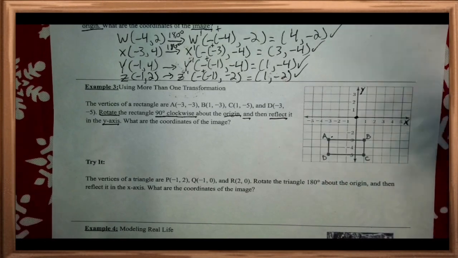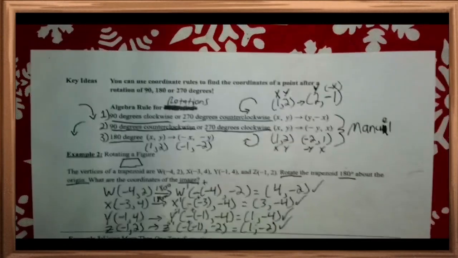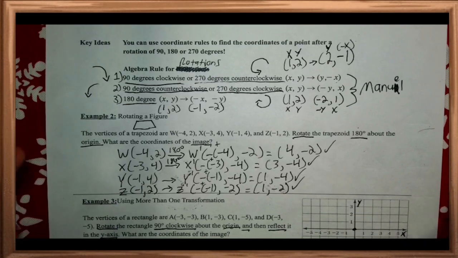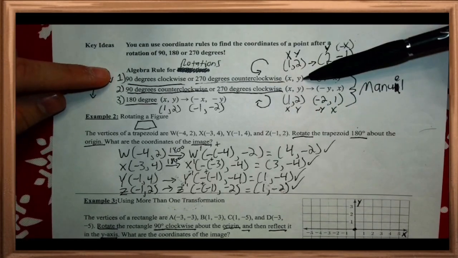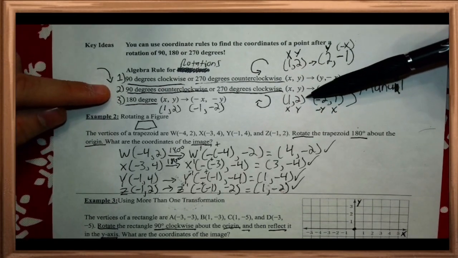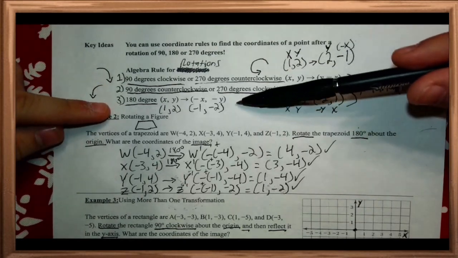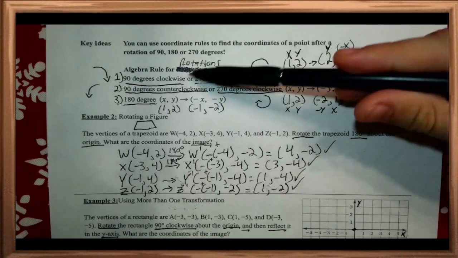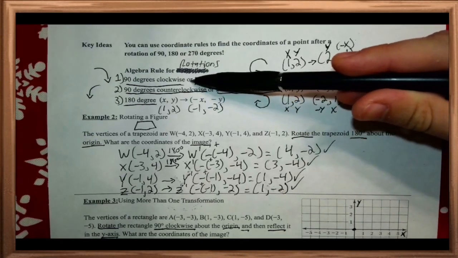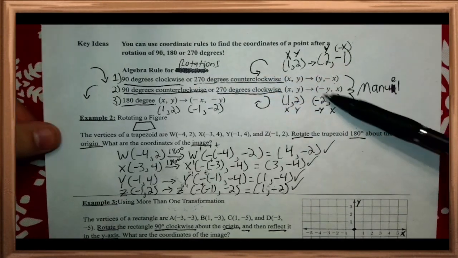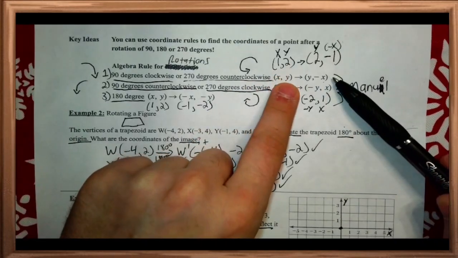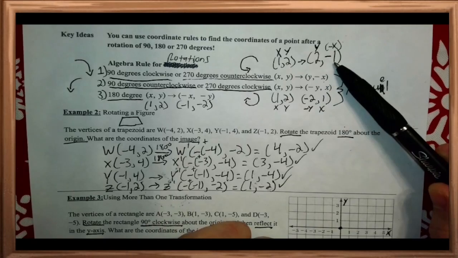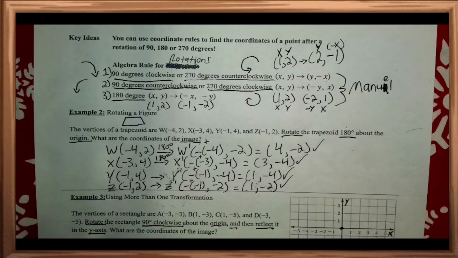So, going back to our rules, it said 90 degrees clockwise. Are we going to use rule number 1, rule number 2, or rule number 3? We're going to use rule number 1, 90 degrees clockwise. And what did that say? It said swap the y and the x and make the x negative.